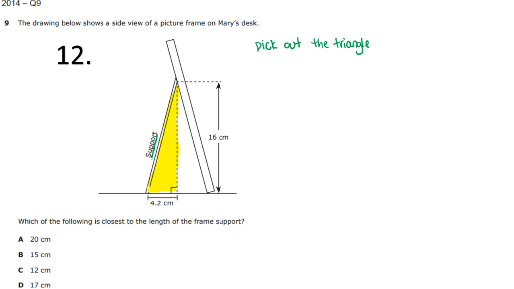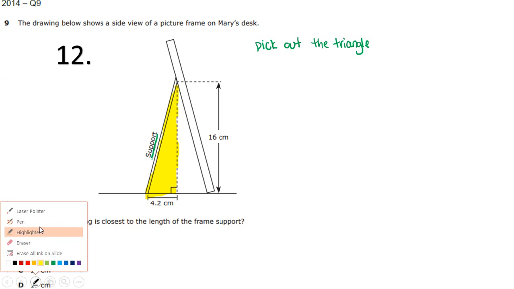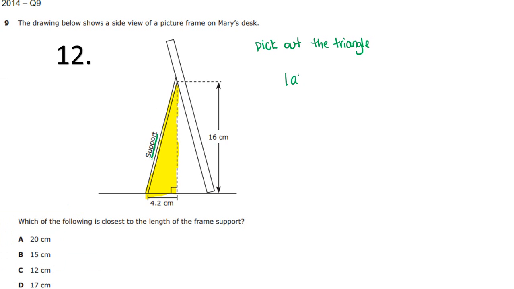Now, if you look at this triangle, the next thing we want to do is label our A, our B, and our C. Whenever we need to find a distance or a length and we have two sides and want to find the third side, we can use the Pythagorean theorem.